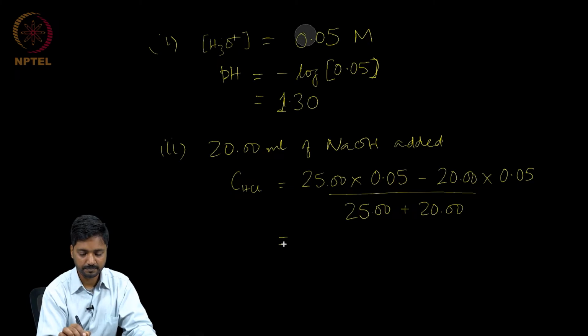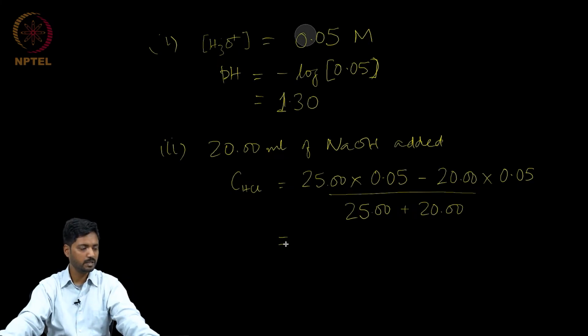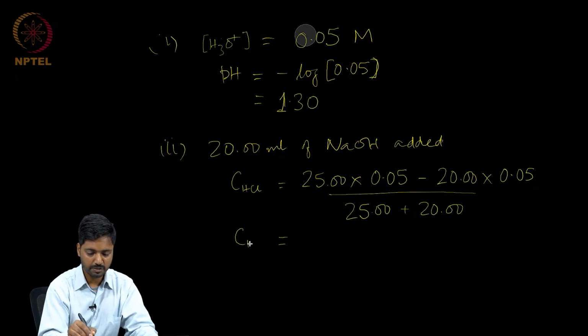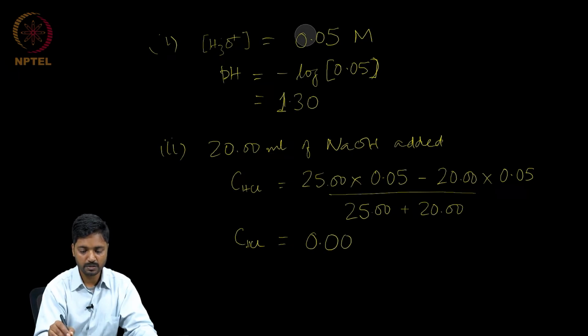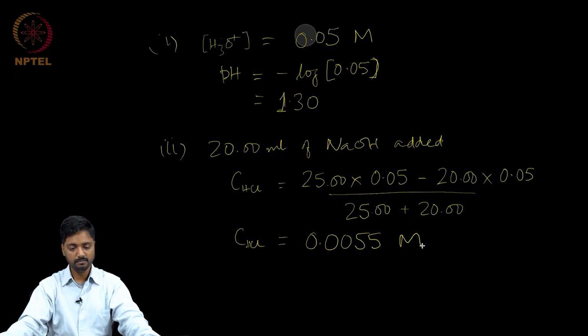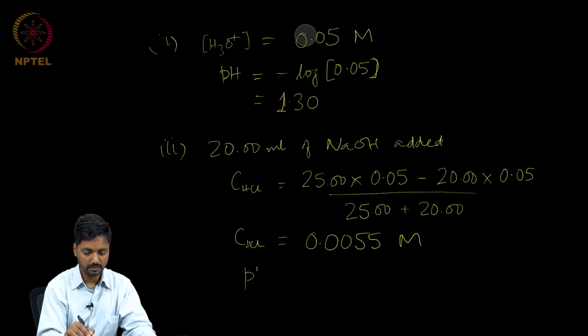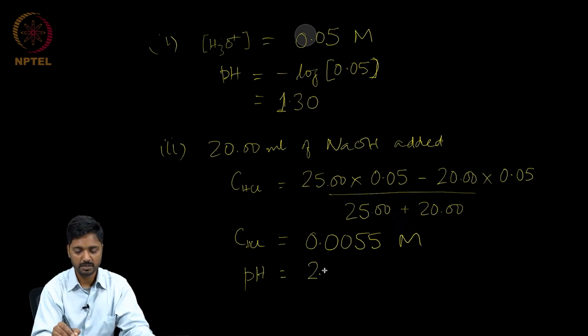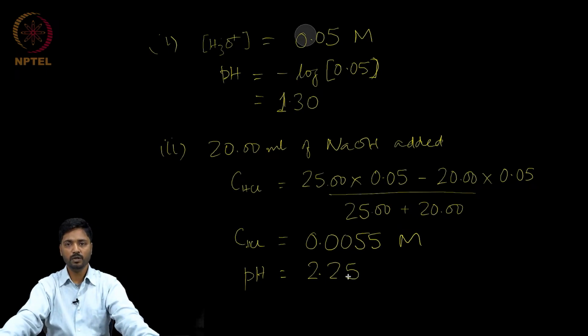And when we solve this, what we get is that the concentration of HCl now comes out to be 0.0055 molar, and from this we can calculate the pH value, and the pH is still quite acidic with a pH value of 2.25.